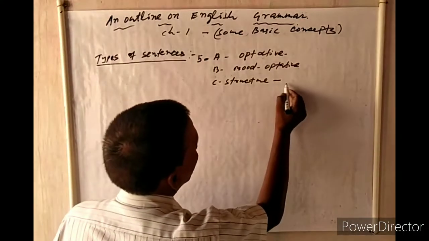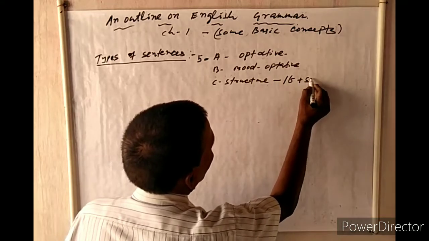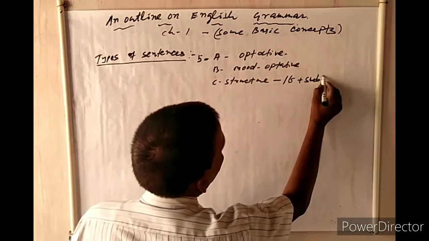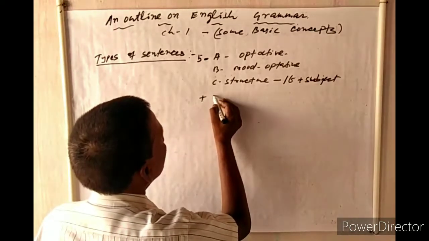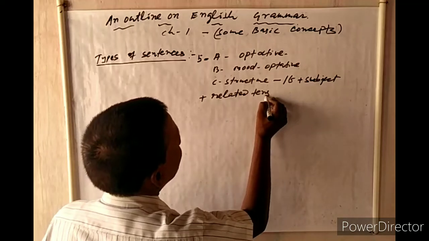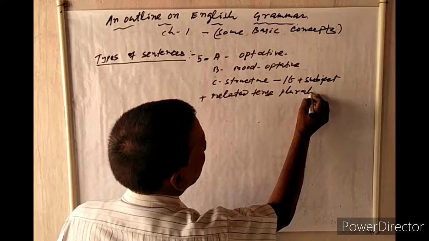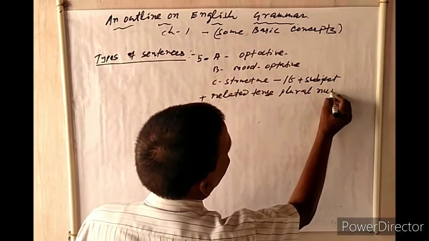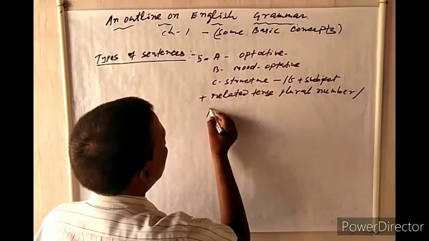So the structure will be if plus subject plus related tense plural number, or past tense and plural number plus other words.